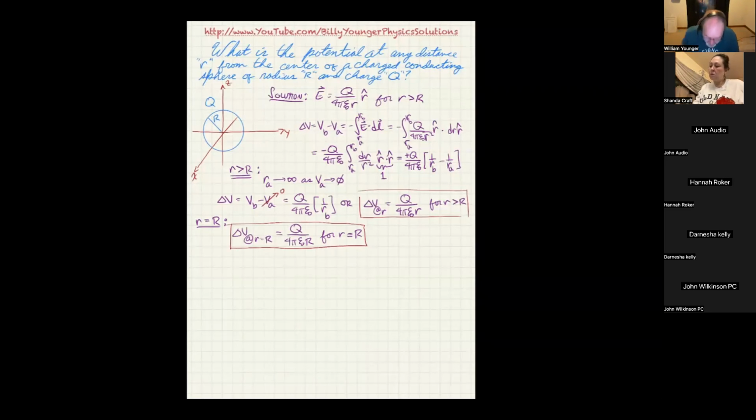Now, here's the problem. For a conductor in electrostatics, E equals zero inside the conductor.